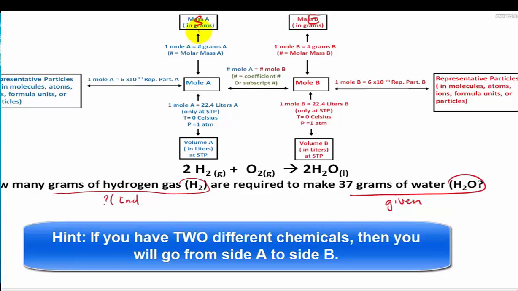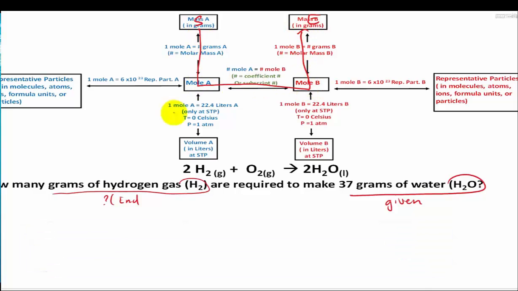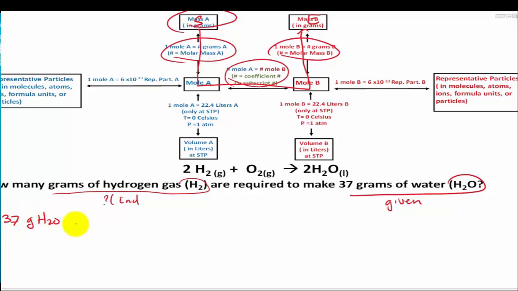So we are going to start from mass A, going all the way to mass B. We follow the arrows, going from A to B. So basically, our given number will times 1 conversion factor, 2 conversion factors, and 3 conversion factors. In this case, our given is 37 grams of water, so we have 37 grams of water times the 3 conversion factors up here, 1, 2, 3, so I'm going to draw a 3 line.